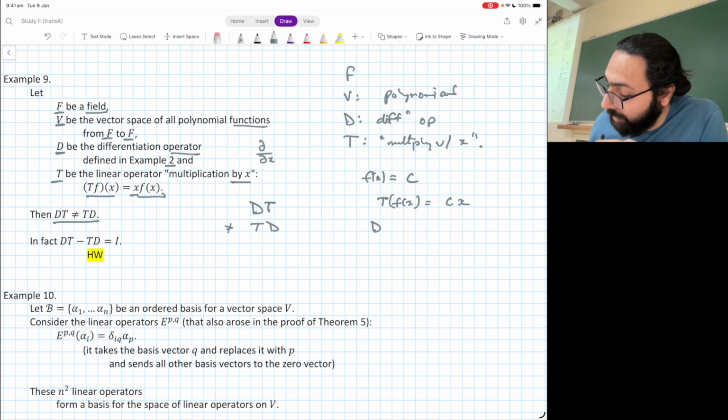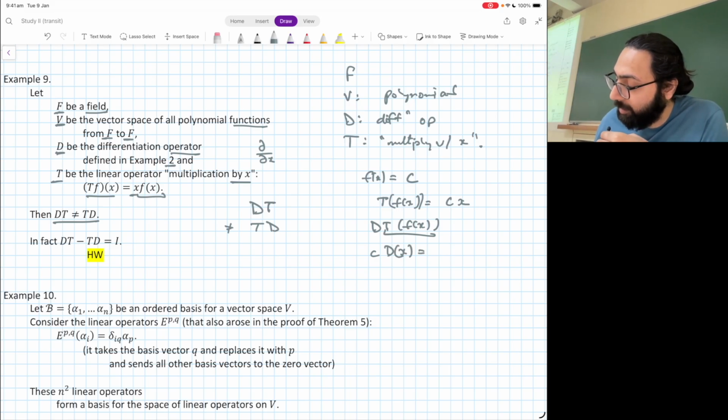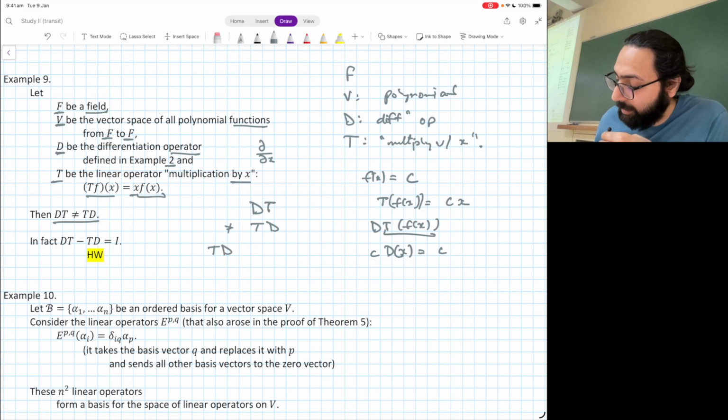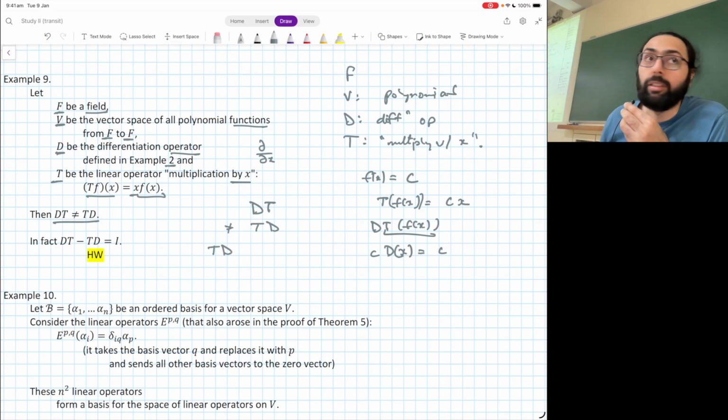Okay, and now what would D of T of f(x) be? Basically c. That's fairly straightforward. Now, the other way, if you do differentiation first, you get a 0 in the first step.